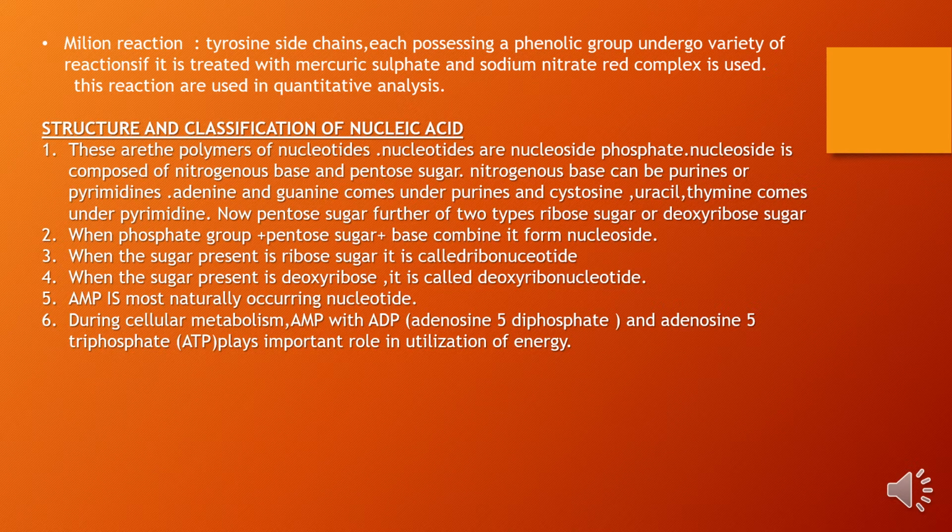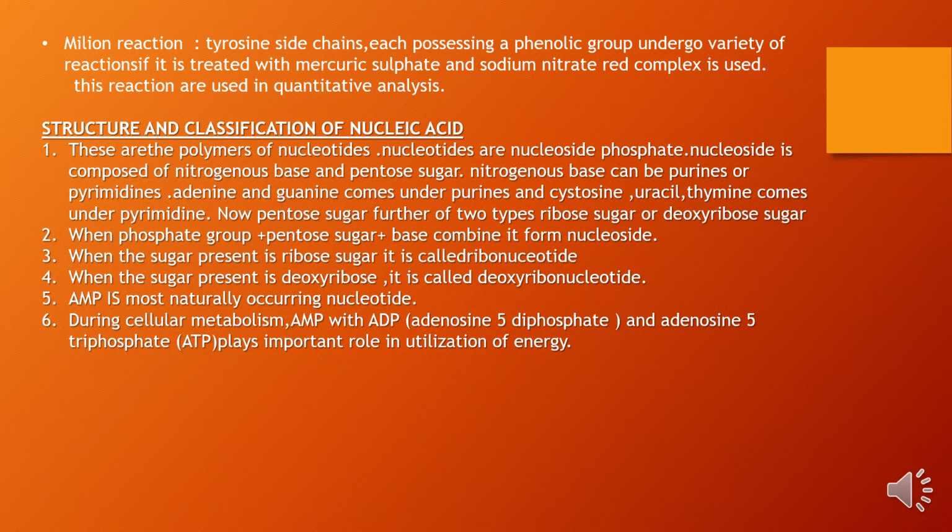Structure and classification of nucleic acids. What are nucleic acids? These are polymers of nucleotides. Nucleotides are nucleoside phosphates. A nucleoside is composed of a nitrogenous base and a pentose sugar. Nitrogenous bases can be further classified into purines and pyrimidines. Purines include adenine and guanine, and pyrimidines include cytosine, uracil and thymine. Pentose sugar is also of two types, ribose sugar and deoxyribose sugar.